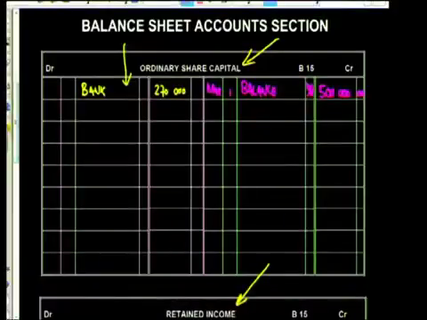Okay, now what happens? Remember that your balance sheet accounts, obviously your ordinary share capital account will now have the other transactions. What other transaction will we have in here? Let's check, because we haven't recorded them in here. These are the transactions that we still need to record with regards to our shares.